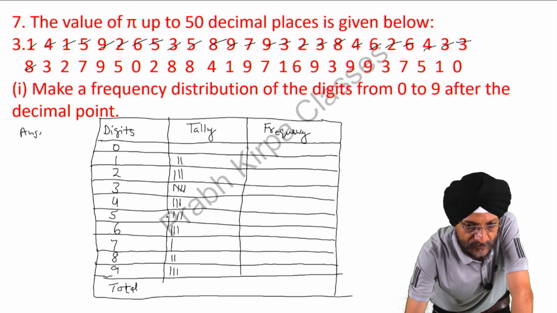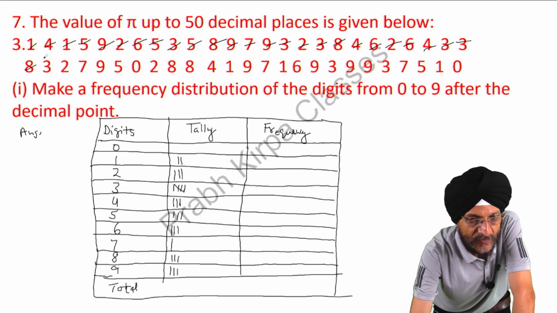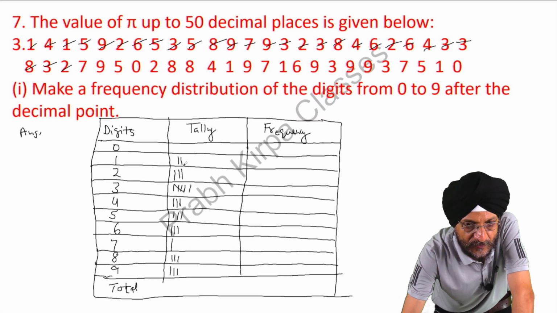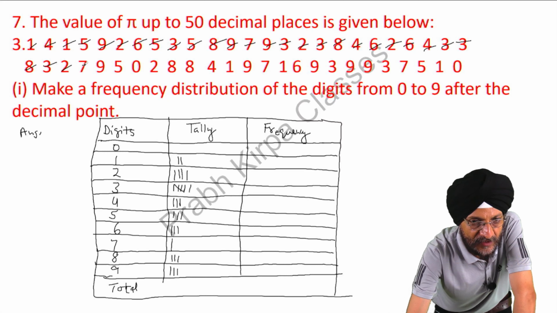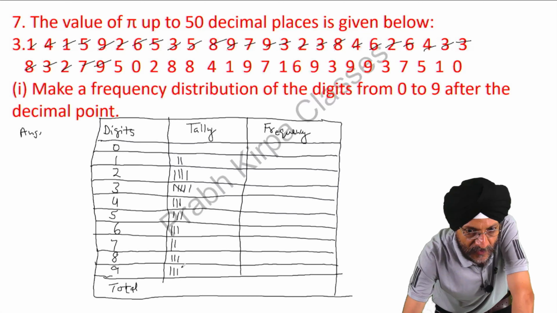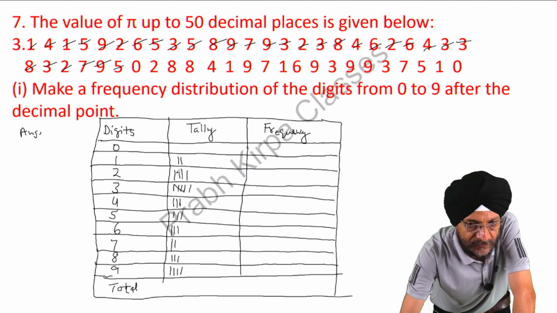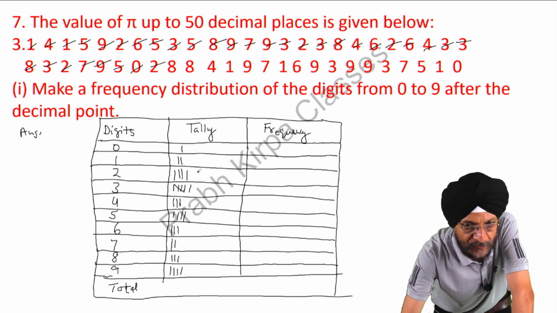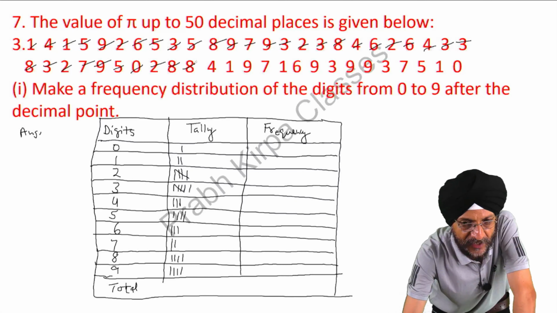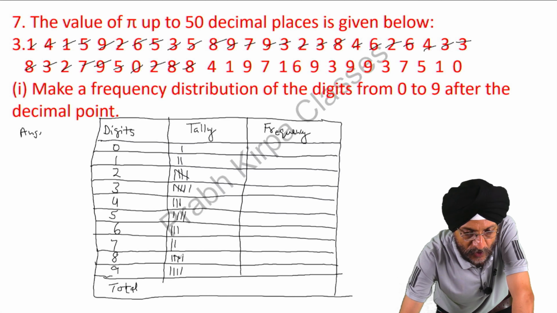8, 3, 2, 7, 9, 5, 0, 2, 8, again 8. This is for the fifth time.